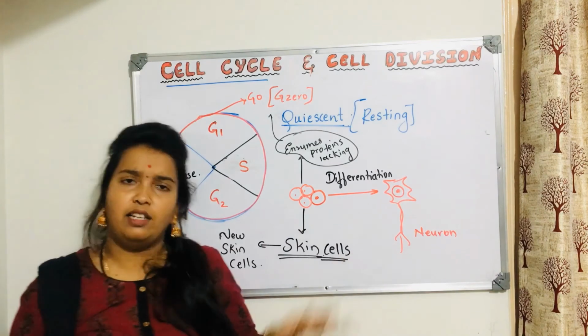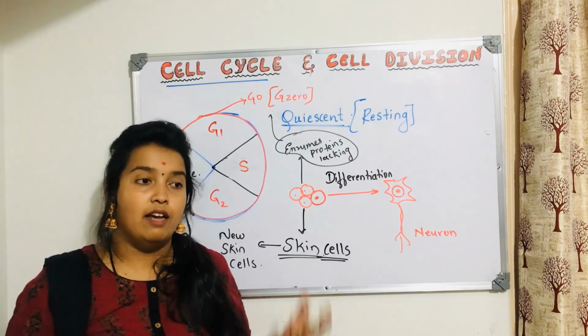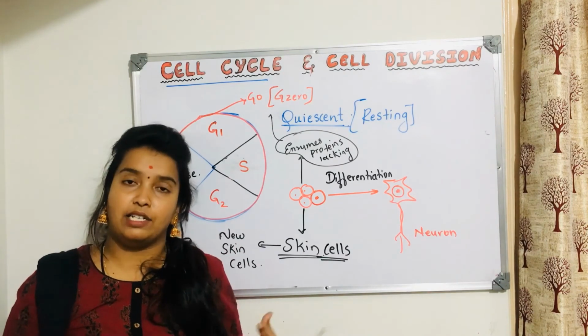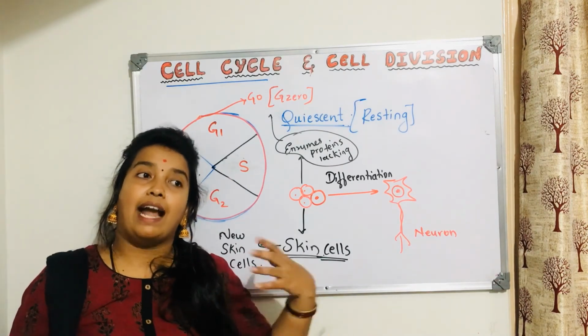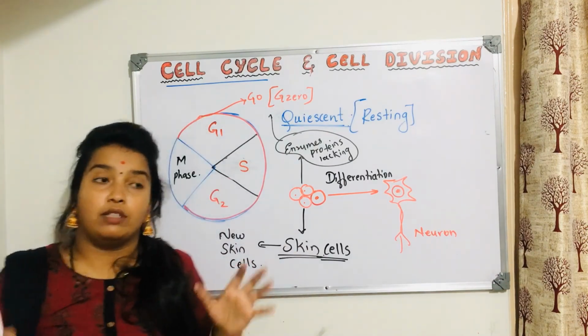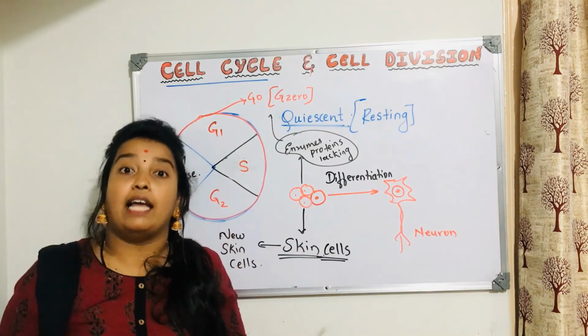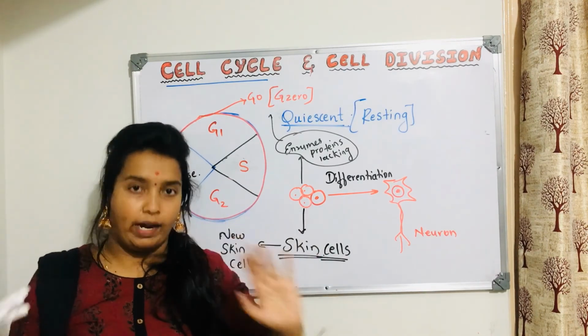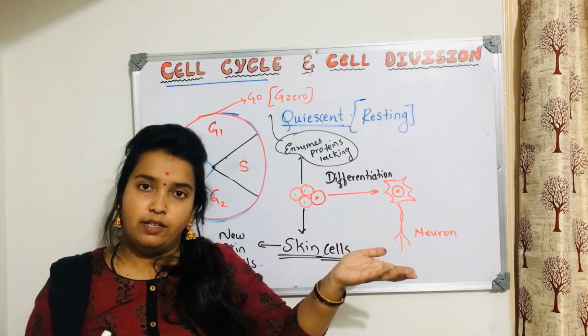Both of the stages are G0 stages only, wherein the cell is alive but it is not dividing. It is just quiet. It can differentiate.